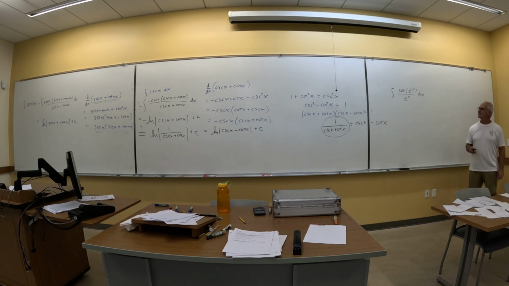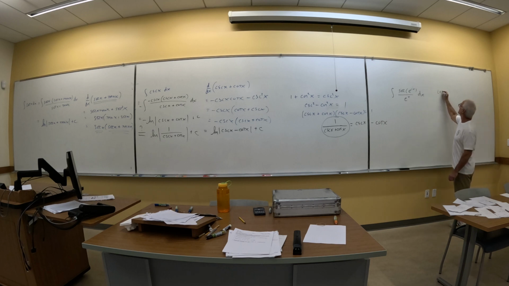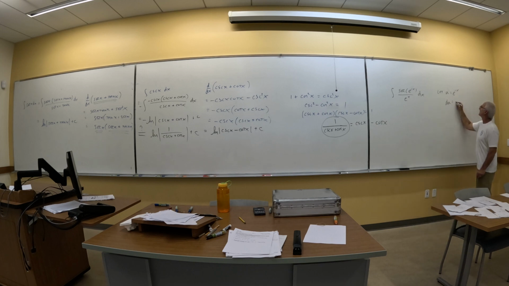I want to do this. I'm not worried about the secant. I'm worried about the argument. I only have one choice of my substitution, and it's what? E to the negative x. So then what's my du? Negative e to the negative x. Oh boy, if only I had one. Oh, wait a minute. That e to the x lives on the bottom, doesn't it?